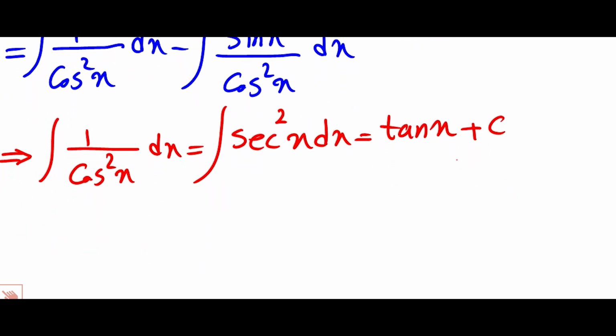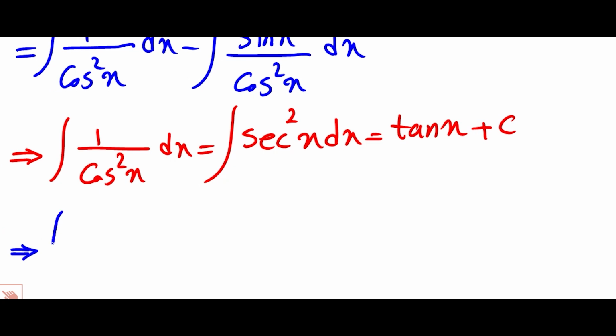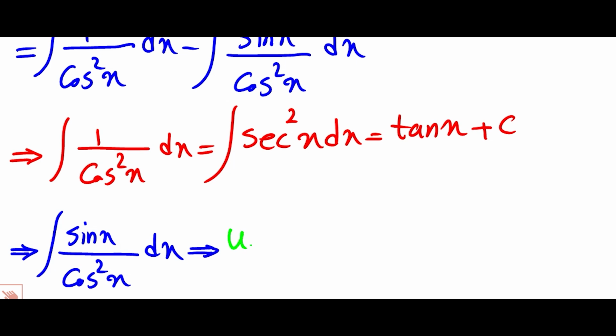And the second integral is the integral of sine of x over cosine squared of x dx. We use substitution, meaning let u equals cosine of x. So if we take the derivative of both sides, we have du equals negative sine of x dx, right?